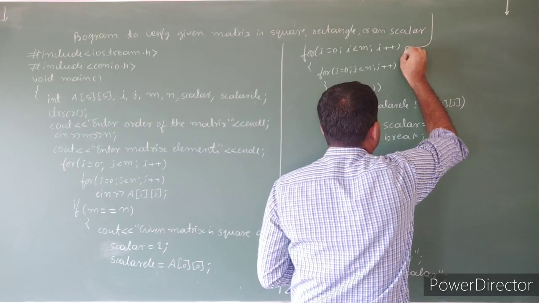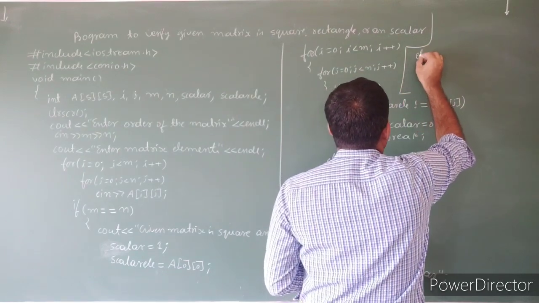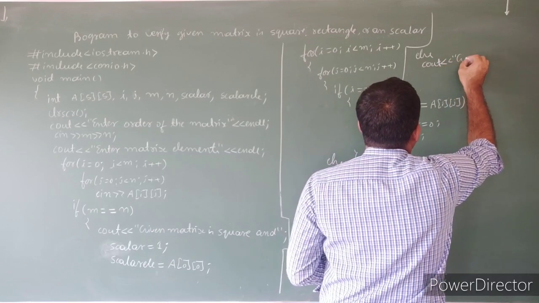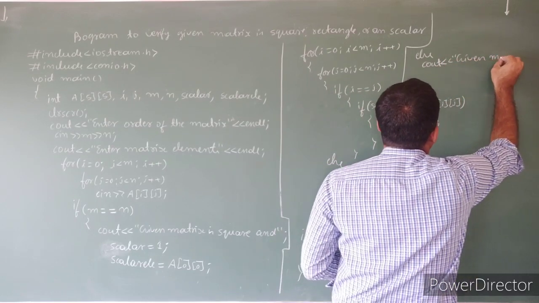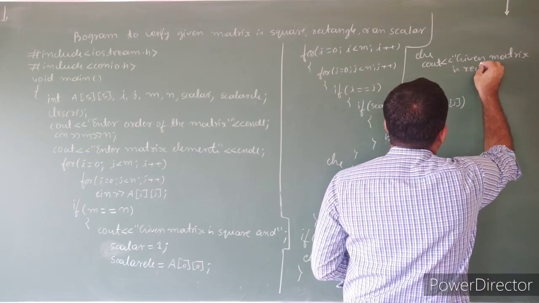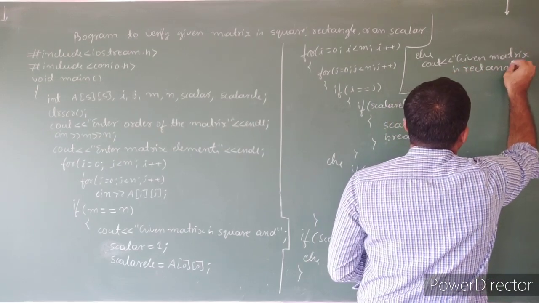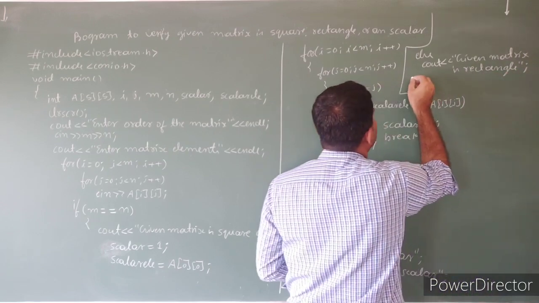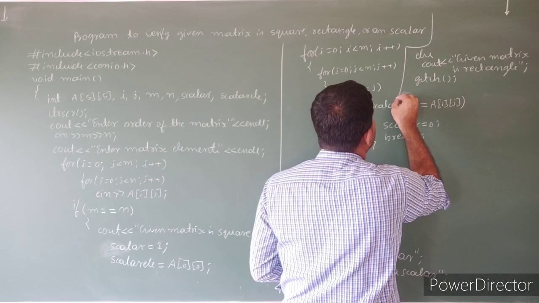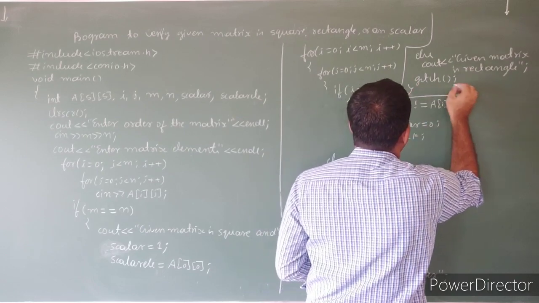Else, output given matrix is rectangle. Close the double quotation. Get C hat. Close the main program.